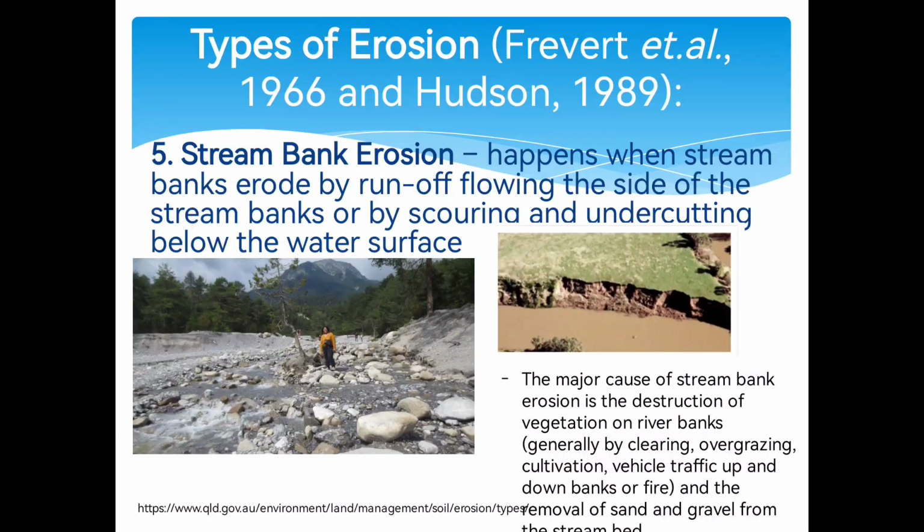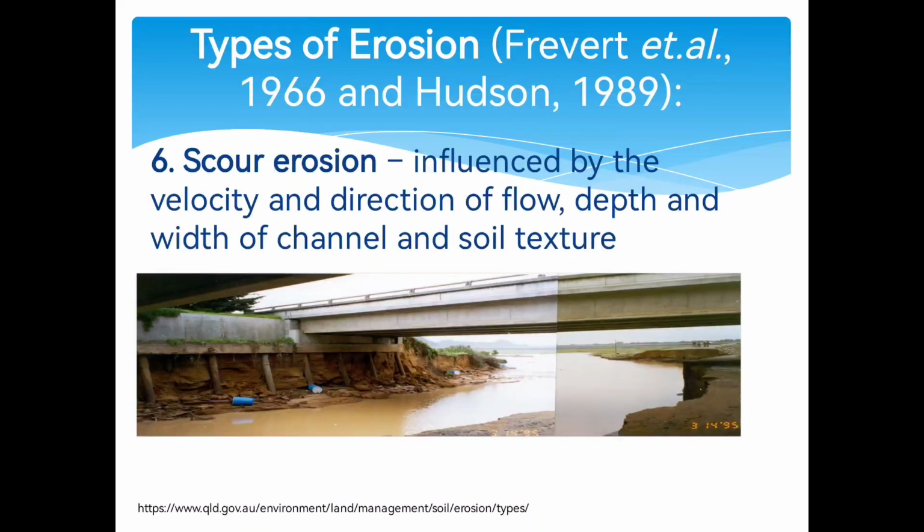So, ibig sabihin na-cut down, na-erode din yung gilid ng mga ilog. So, this is stream bank erosion. And then we also have scour erosion, which is influenced by the velocity and the direction of flow, depth, and width of channel and soil texture.